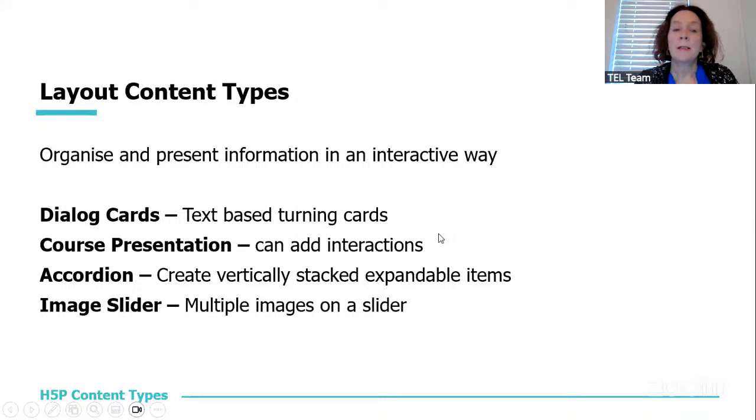You have a course presentation where you can add interactions such as true or false, fill in the blanks, lots of different question types. You have the accordion where you can create vertically stacked expandable items, so the learner can just click on the title and this can reveal more information about a topic. You've got image slider, so you can have multiple images on a slider there.